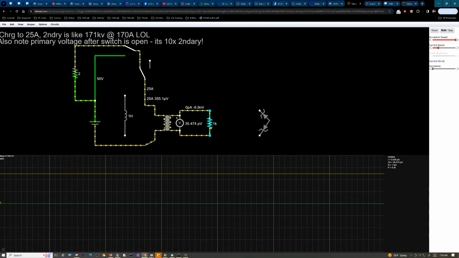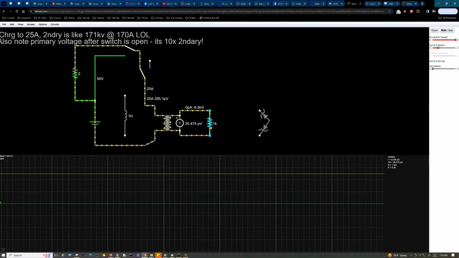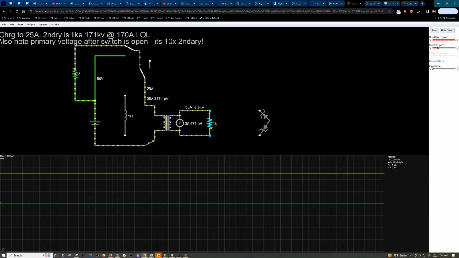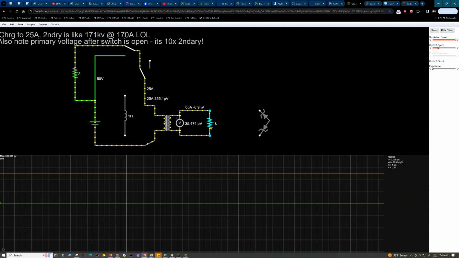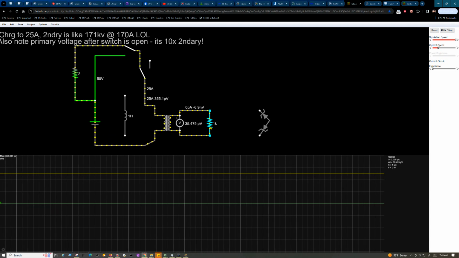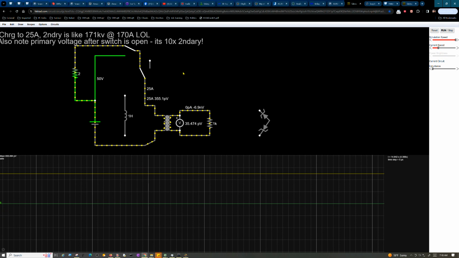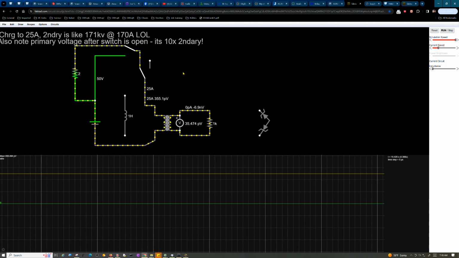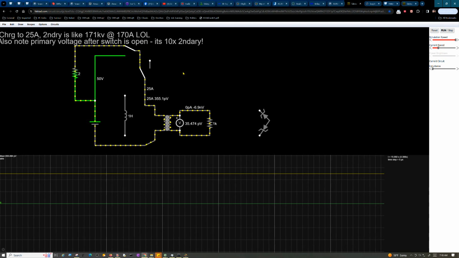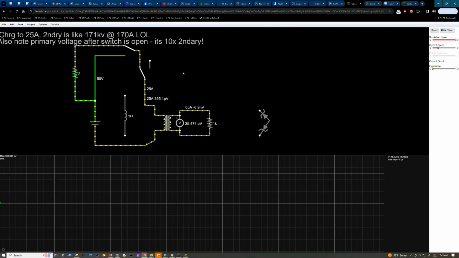Apparently there's good cause to believe that's true, because if you open a switch on the primary of your transformer, it can damage what's on the secondary because of that high voltage arc. If you're just opening it with no snubber or anything on your switch, that can actually cause damage if you don't have some kind of protection on it.